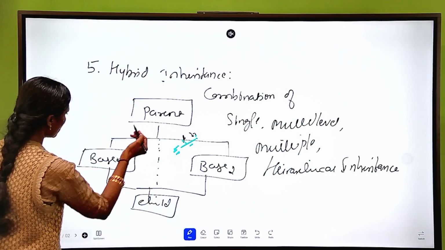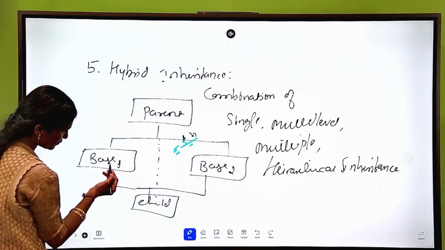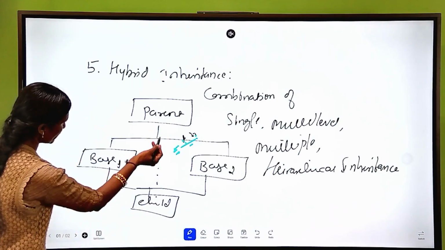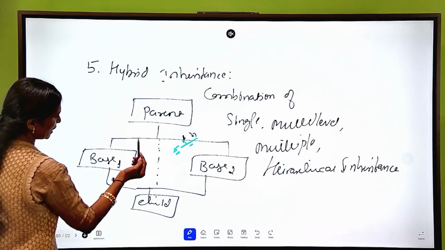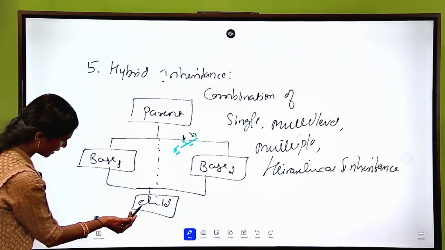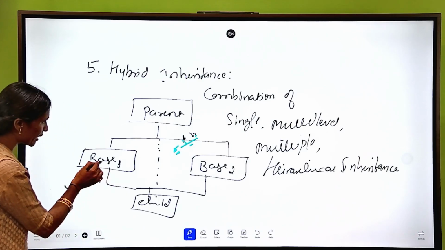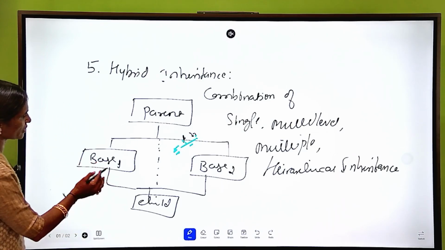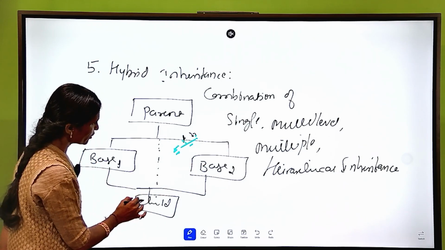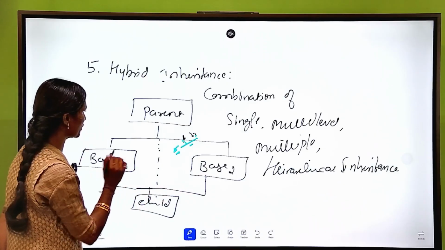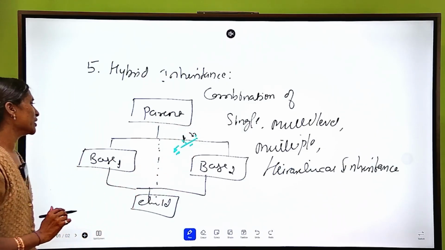From parent, base 1 is created, from base 1 child is created. I hope you are following, that's multi-level, creating a child class from an already derived class. Here there are two derived classes, base 1 and base 2. So the child is created from either base 1 or base 2. So this is multi-level inheritance.